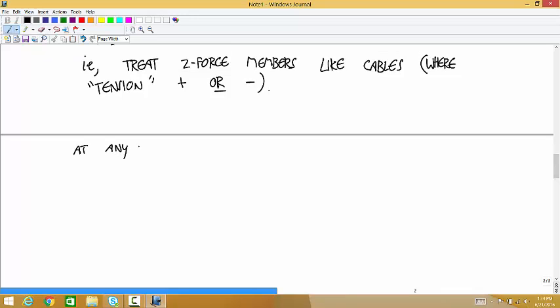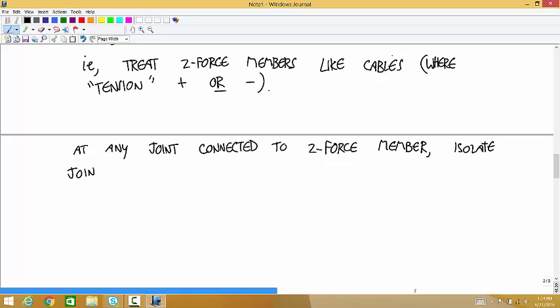At any joint connected to a two-force member, isolate the pin, or isolate the joint, and treat it as a particle.